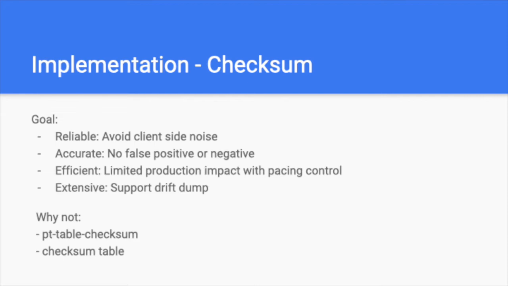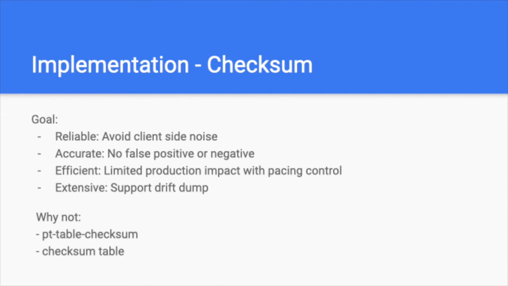For example, it should be accurate. The checksum shouldn't have any false positives or false negatives. It also needs to be efficient so that we have precise granularity control and pacing control over how fast it can exhaust the production resources when the checksums are being computed.